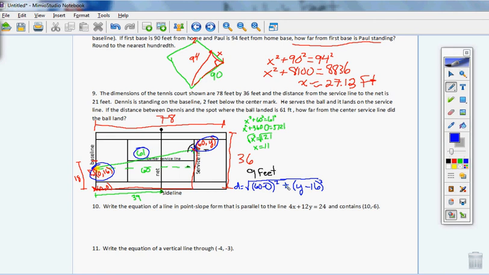Well, where is this going to lead? It's going to lead somewhere, because if I erase this, we actually know that the distance here is 61. See that? So what we really have right now is a problem that we can solve for this variable right there. If you're still interested in how to do this, I can show you.